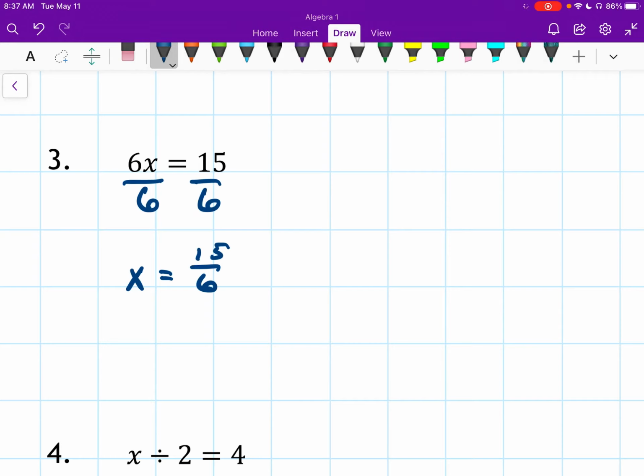I think calculators are good tools. But if we start off without a decimal, I want us to end without a decimal. So if you have a calculator or if you learn how to reduce this fraction in your calculator, that's okay. But we want to leave it as a fraction, okay? We can reduce this. The top and bottom are both multiples of 3, so we can divide by 3 and we'll have 5 over 2. So the answer that I'm going to circle is x equals 5 over 2.